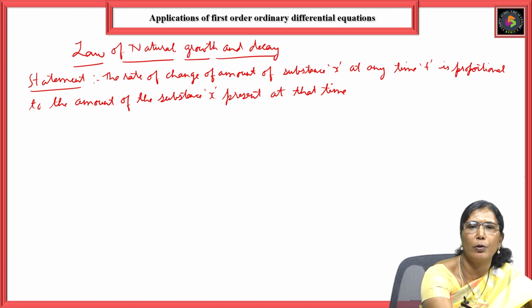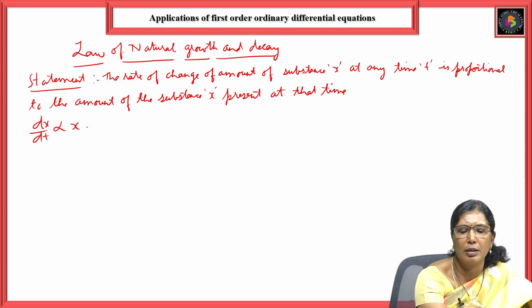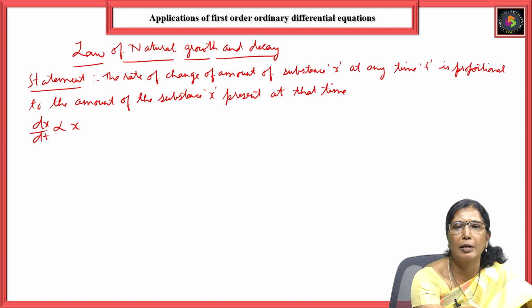So mathematically, how will you write it? The rate of change, that is dx by dt, is proportional to the amount of the substance present at that time. The amount of the substance you have taken is X. So this is the mathematical statement.